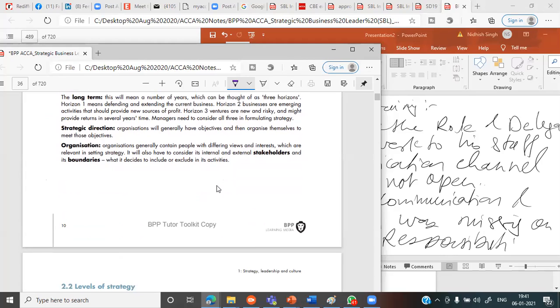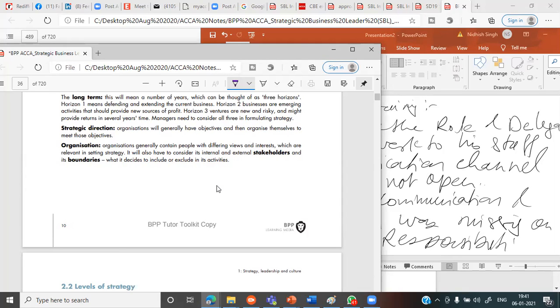Here we are talking about horizons 1, 2, and 3 when it comes to the long term. Horizon 1 means defending and extending the current business. Horizon 2 is emerging activity that should provide a new source of profit. And horizon 3 is new risk and might provide returns in several years' time.